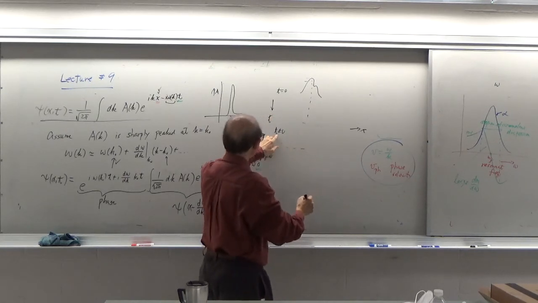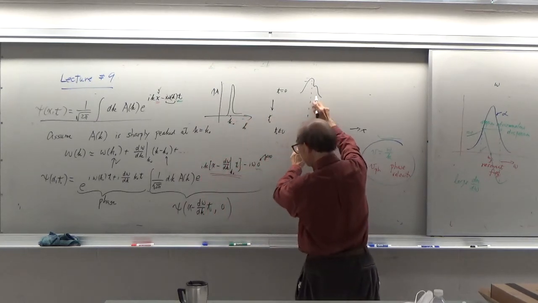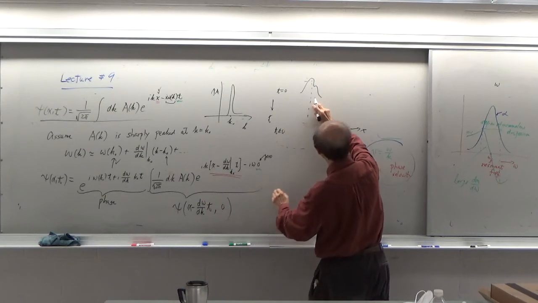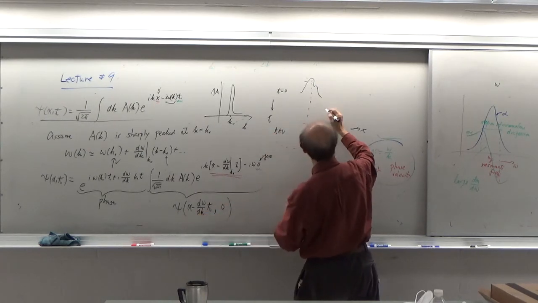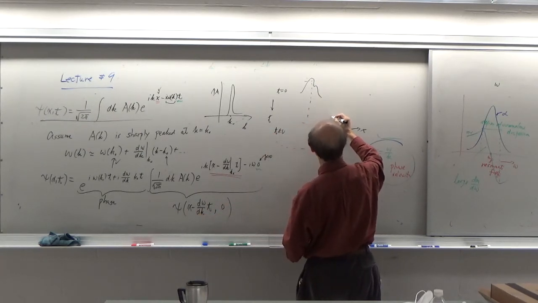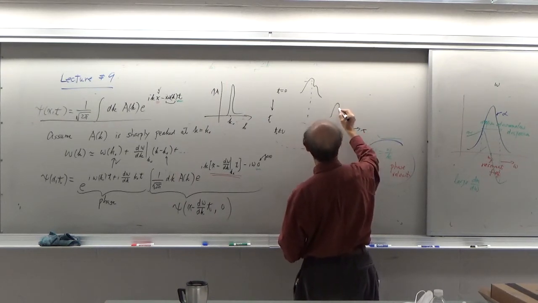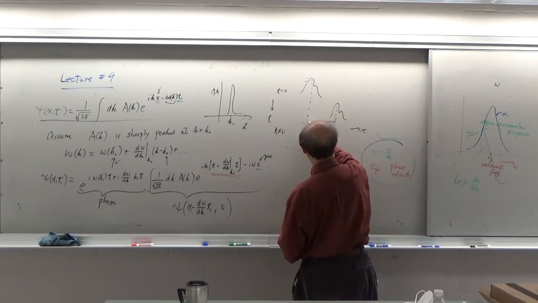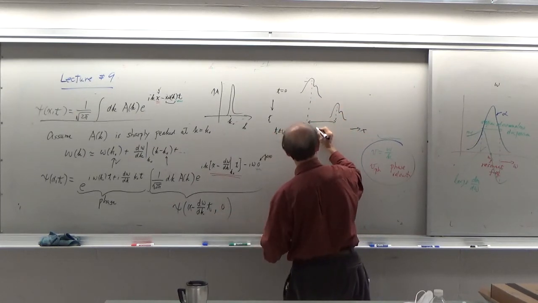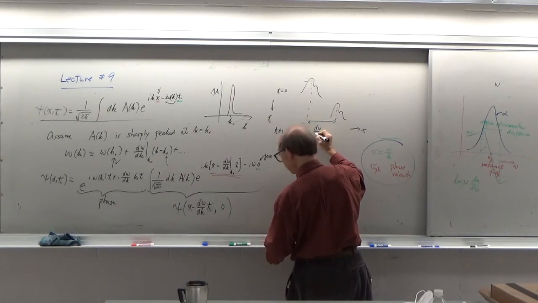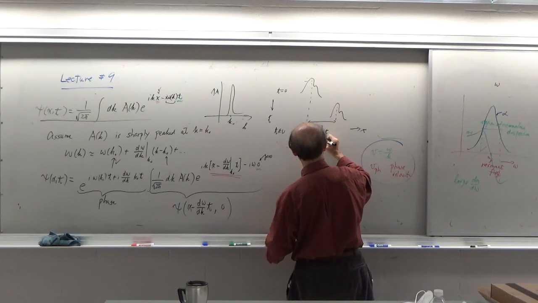As t goes by, this whole thing would be displaced by this distance. So it will be like this, the same shape, with the displacement being given by d omega by dk at k naught times time.